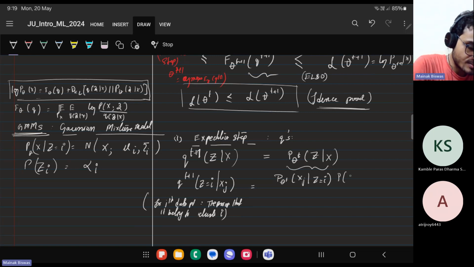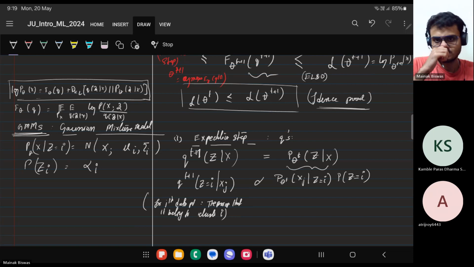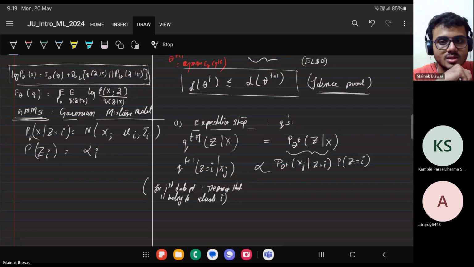Can I write this? Bayes rule? Yes. The denominator I'm writing as a constant because it doesn't depend on anything. So now I know all this form, right? Closed form I know. Tell me the closed form.